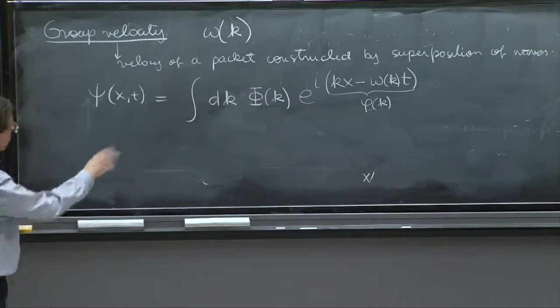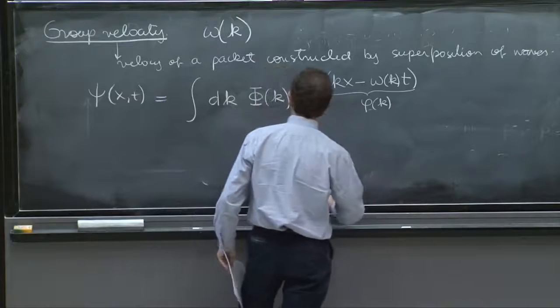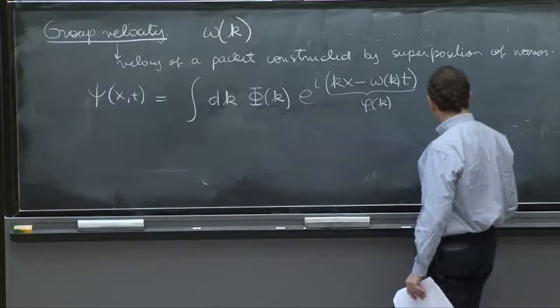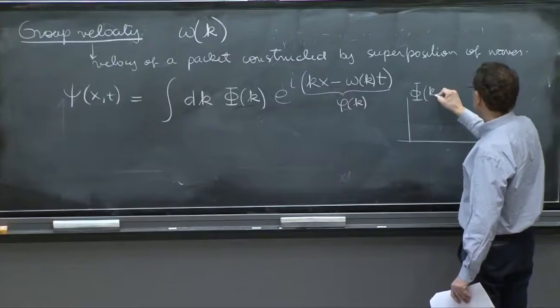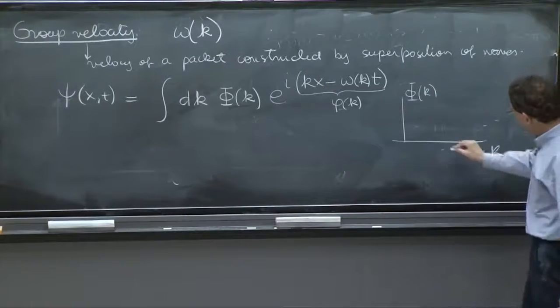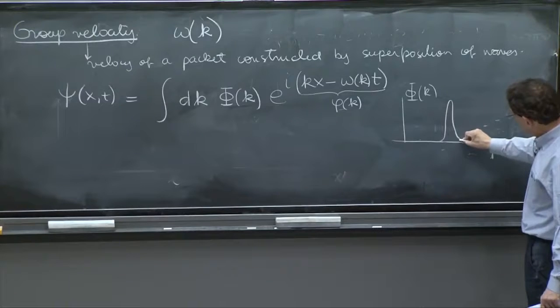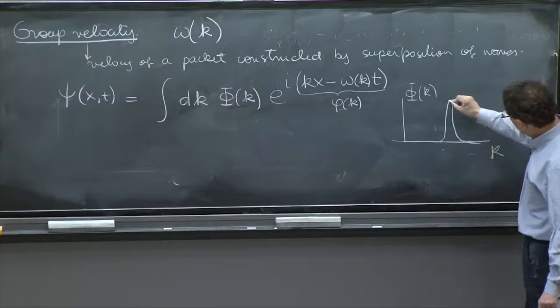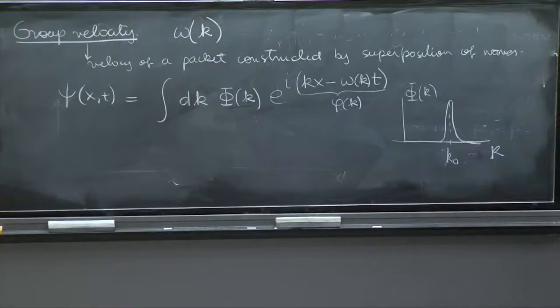Indeed, the whole assumption of this construction is based on the statement that phi of k peaks. So phi of k as a function of k is 0 almost everywhere except a little bump around some value that we'll call k naught. Narrow peak.